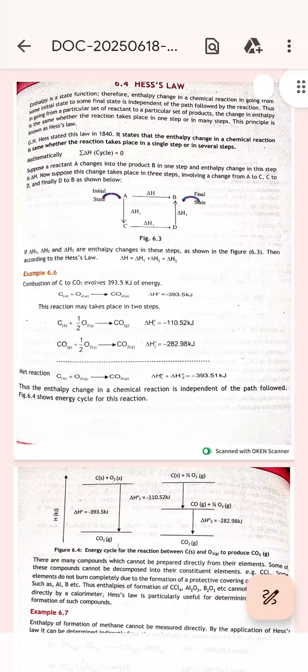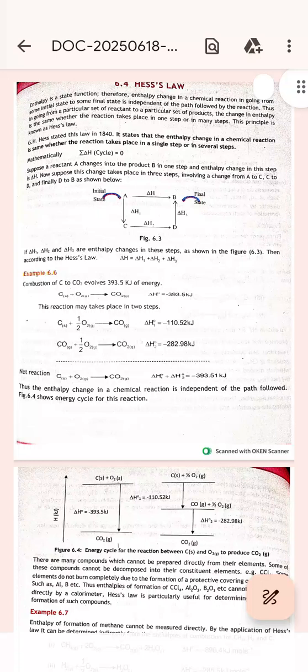We have an example here: the combustion of carbon to carbon dioxide evolves 393.5 kilojoule of energy. So carbon plus oxygen gives us CO2, with del H naught equal to minus 393.5 kilojoule. This reaction takes place in 2 steps. First, carbon reacts with half oxygen to give carbon monoxide, and in the second step carbon monoxide plus half oxygen gives us carbon dioxide.